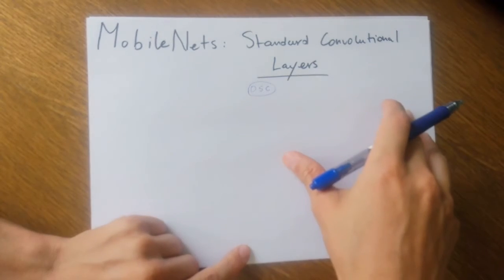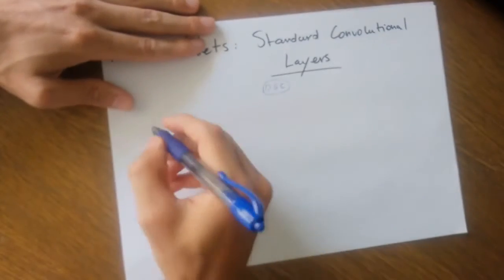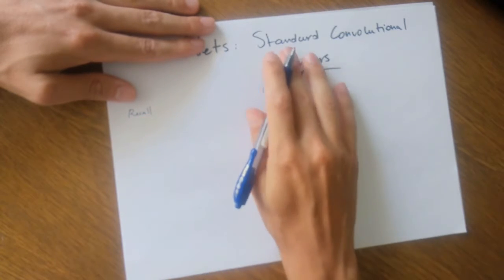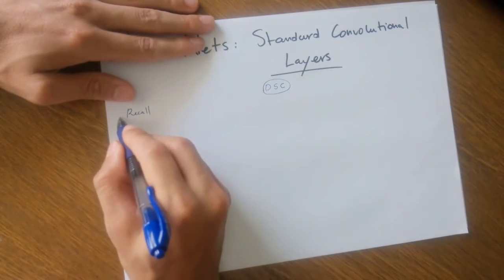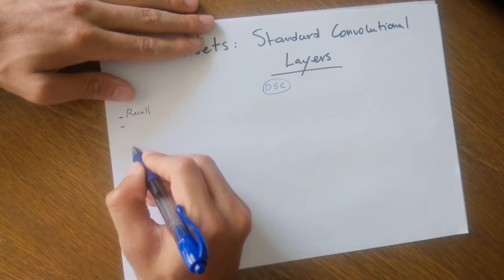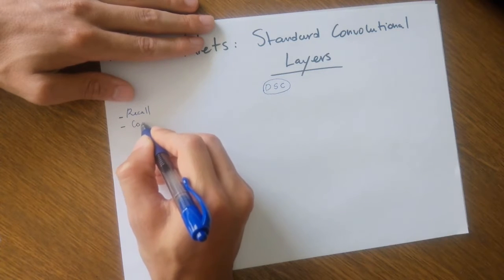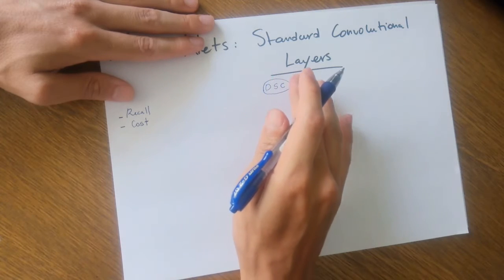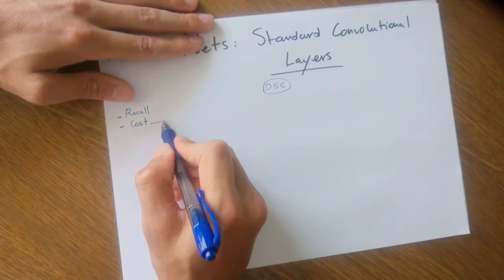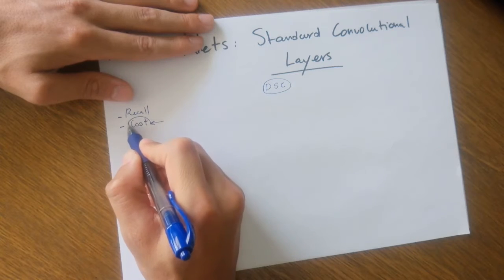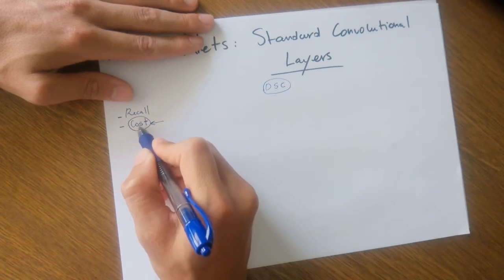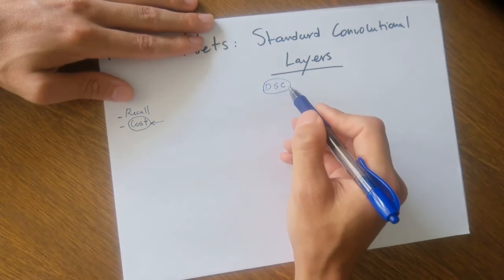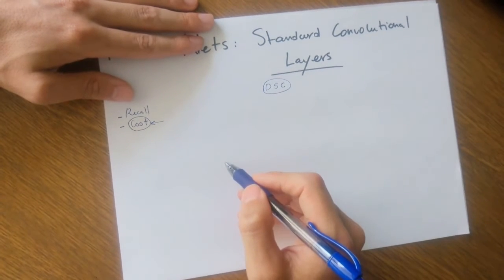So what I'm going to do in this video is to first give you a recall about standard convolutional layers, and then estimate the computational cost of such layers. This is important because later we will compare this computational cost with that of depth-wise separable convolutions, right?